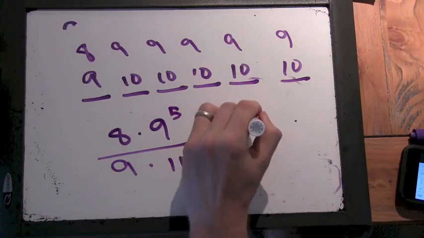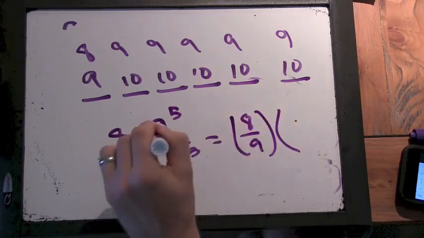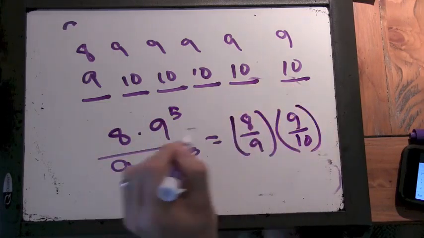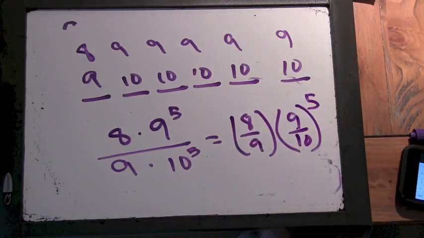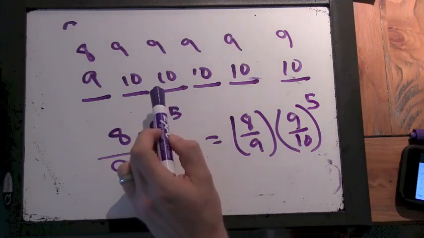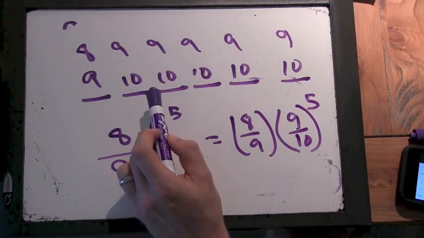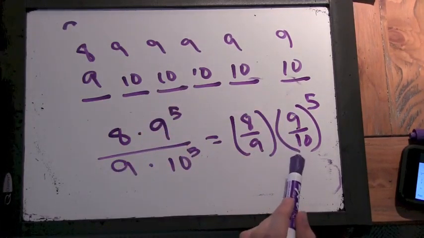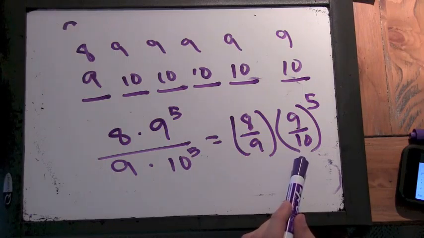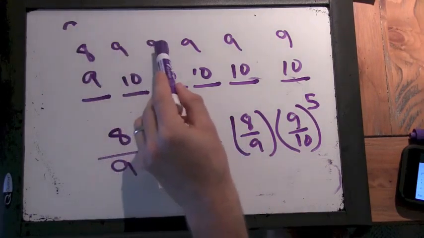This is going to be 8 ninths times 9 tenths to the 5th. And this was the percentage of 6-digit numbers that did not contain a 9.